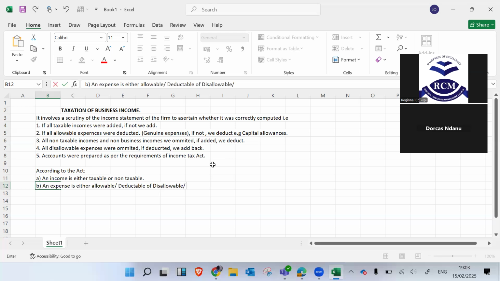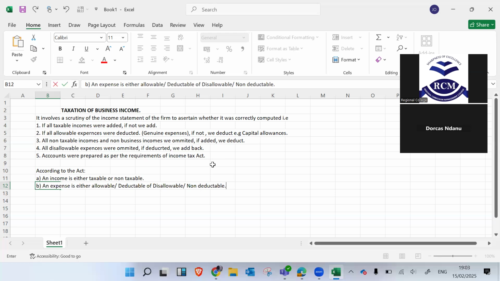Disallowable is the same as non-deductible or non-allowable. So let us not hear anyone saying that this income is allowable, that is not tax. Or that this expense is taxable, no.